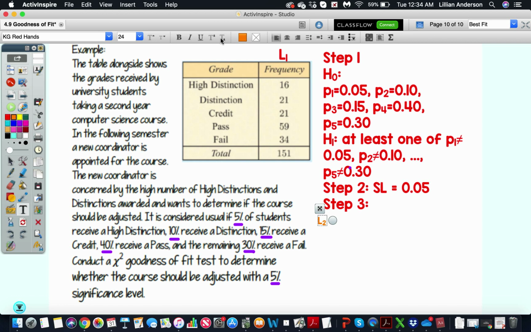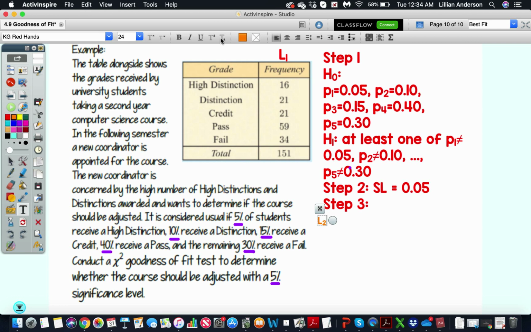Here, since we have the percentage of each one of these awards, high distinction, credit, fail, etc., we need to multiply those probabilities by the number, and in this case the number is 151, because 151 was the number of awards given for a particular course.